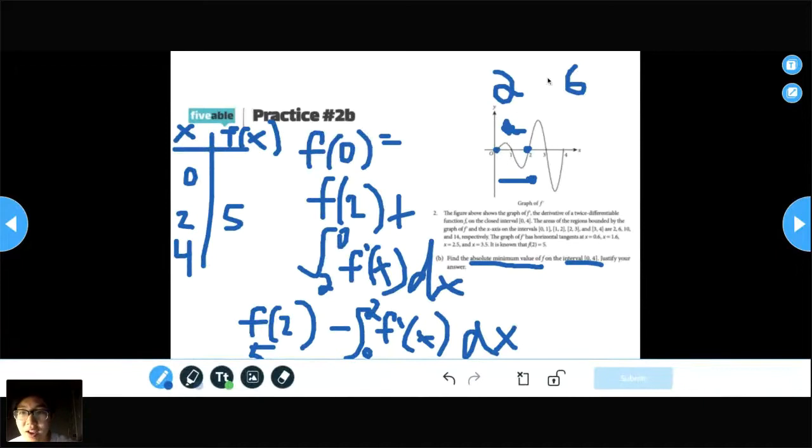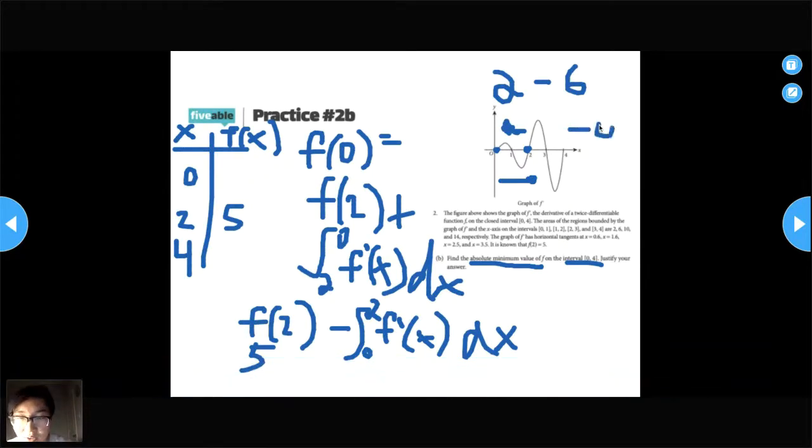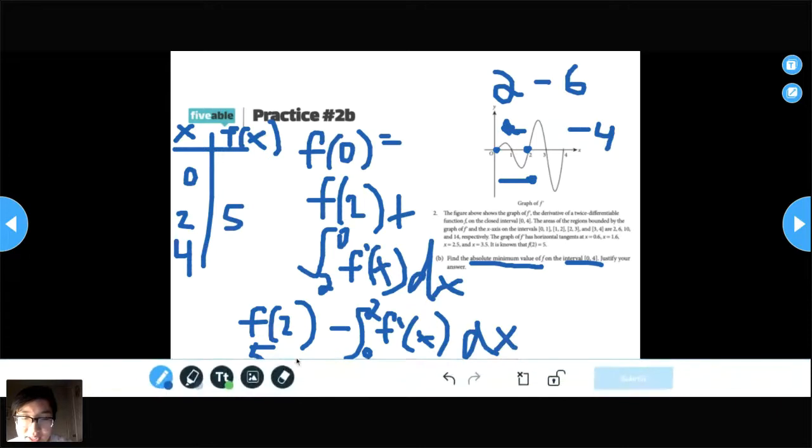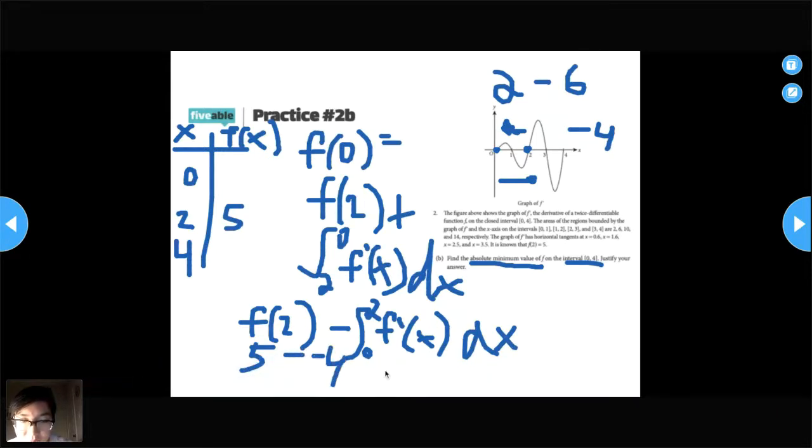We would do 2 minus 6, not 2 plus 6, because this is a negative area technically. So it's like 2 plus negative 6 or 2 minus 6. And so we get negative 4. And then we get 5 minus negative 4, and we get positive 9. And so that's how we would get f of 0 is 9.